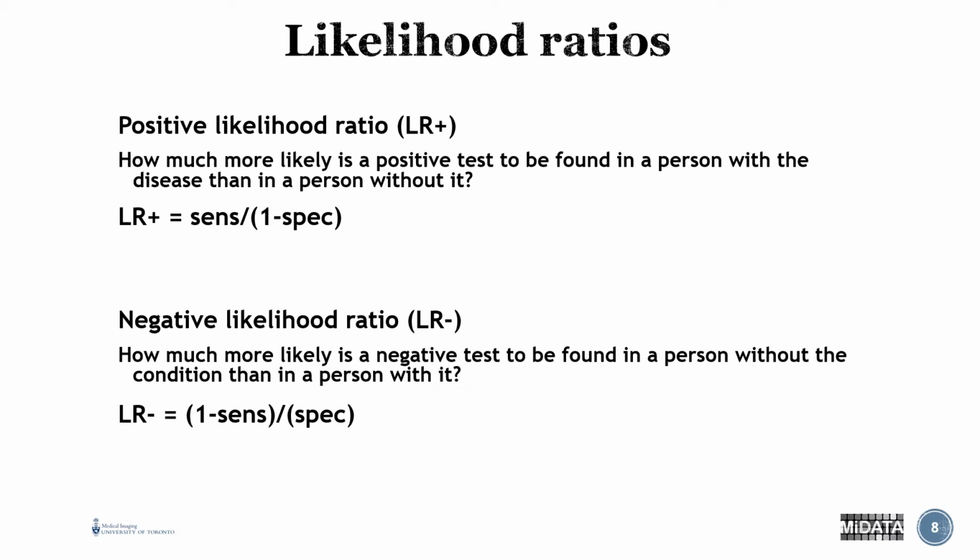Now, a negative likelihood ratio is how much more likely is a negative test to be found in a person without the condition or disease than a person with it. So the negative likelihood ratio is 1 minus sensitivity over the specificity.